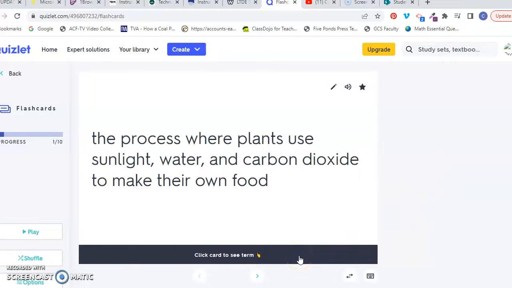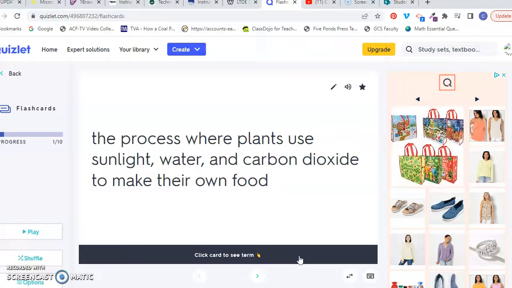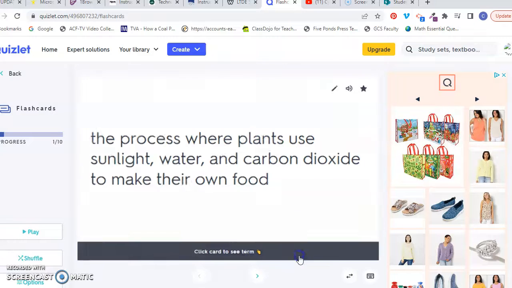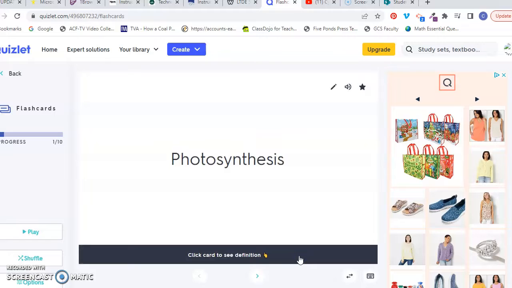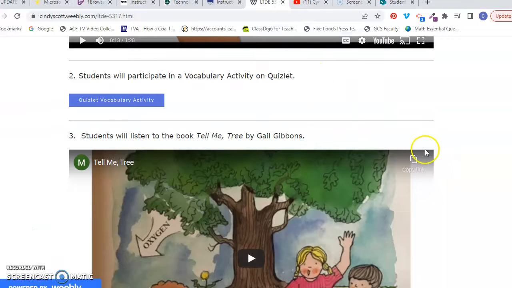Here is a definition, and before they flip the card, they should try to figure out what the word is, and then they would click the card to see the definition. And I created this with 10 different vocabulary words for the students to process.